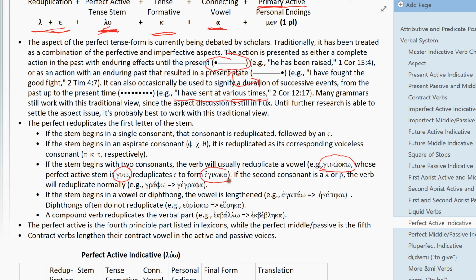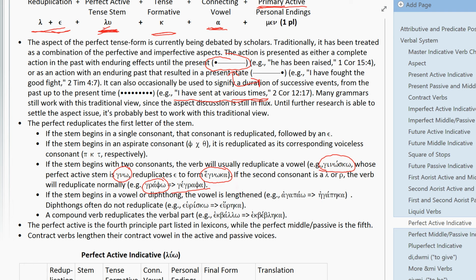So you get egnoka, like that. So it's not going to reduplicate the gno part, it's just going to stick an epsilon out front. If the second consonant is a lambda or a rho, the verb's going to reduplicate normally. So grapho is a good example, and then gegrapha. You have that gamma rho, and then before it, the gamma reduplicates, and you get an epsilon. So gegrapha. That's how it reduplicates.